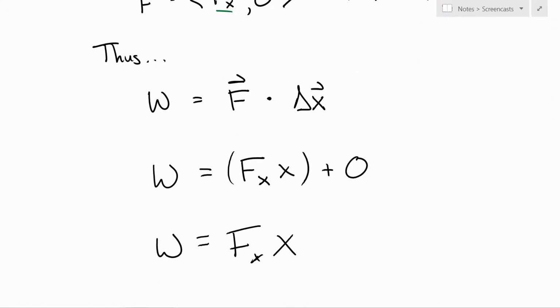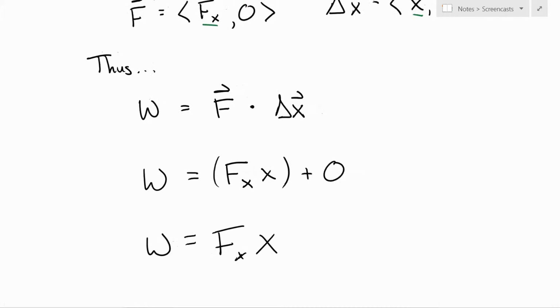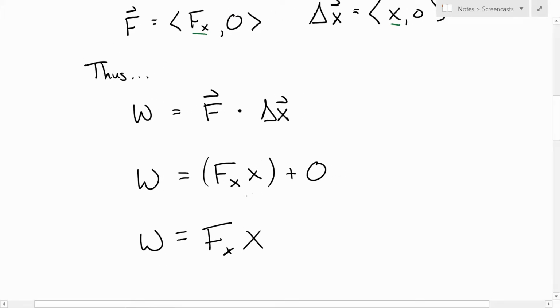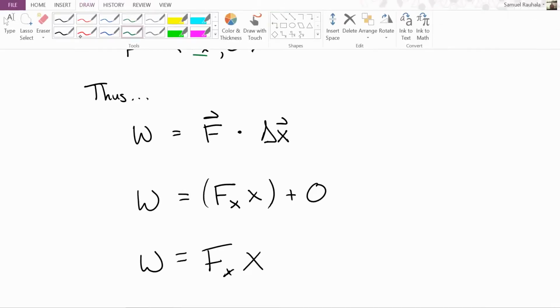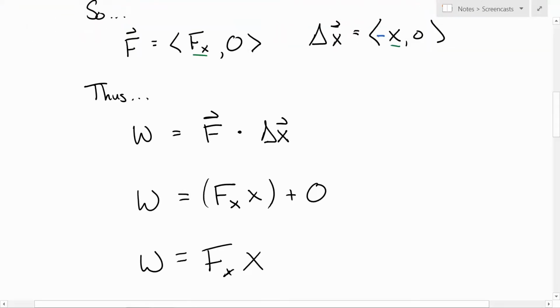So when I do this dot product, I get x component times x component here, y component times y component, so I get x component of the force times the x component of displacement. These are both positive values if it's going to the right. If it's going to the left, this would be a negative displacement, so this would be a negative work.